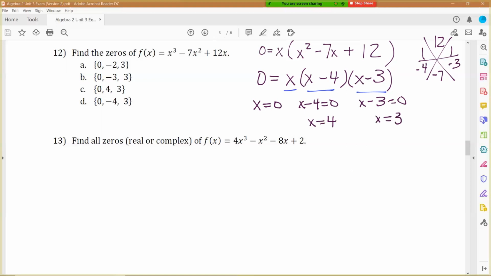To get our 3 answers, 0, positive 4, and positive 3, which is letter C. Questions on this one?